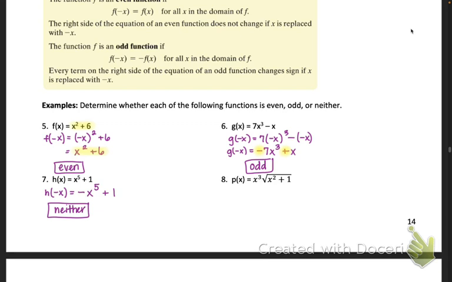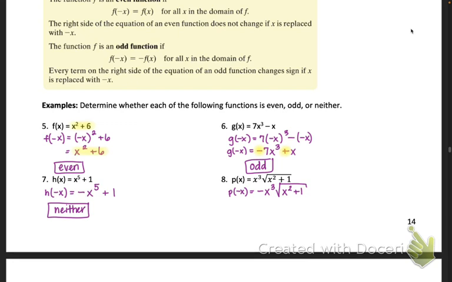So that's where number 8 gets a little bit tricky, because p of negative x raised to the 3rd power would be negative x cubed times the square root of negative x squared would be positive x squared plus 1. So the question is, is this odd or even or neither?